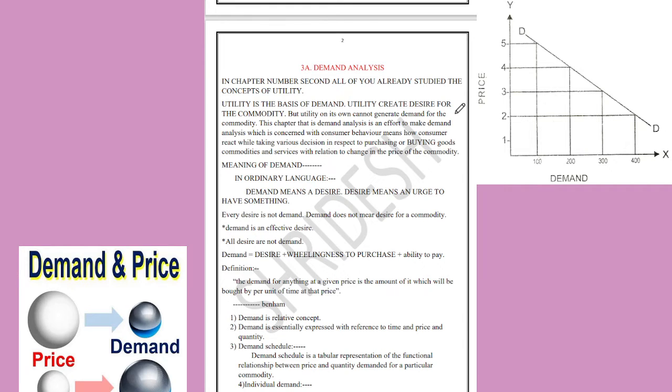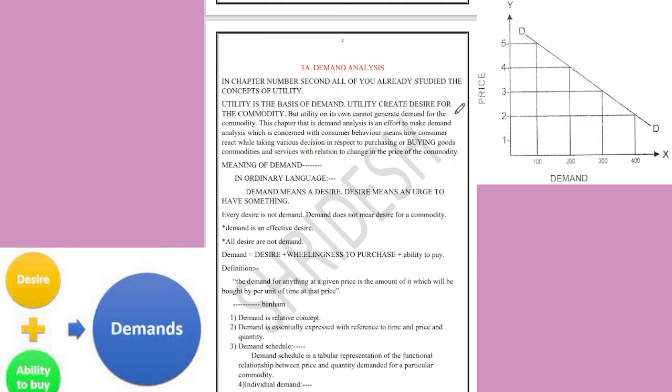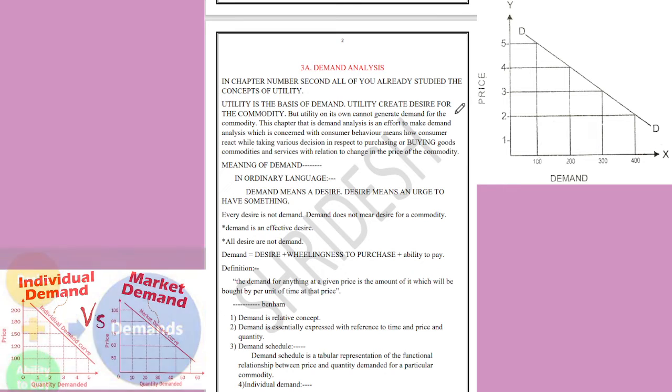Why is utility the basis of demand? Because utility means the capacity of the commodity to satisfy human wants. If the commodity has the capacity to satisfy human wants, then and only then the consumer creates a demand for a specific commodity.